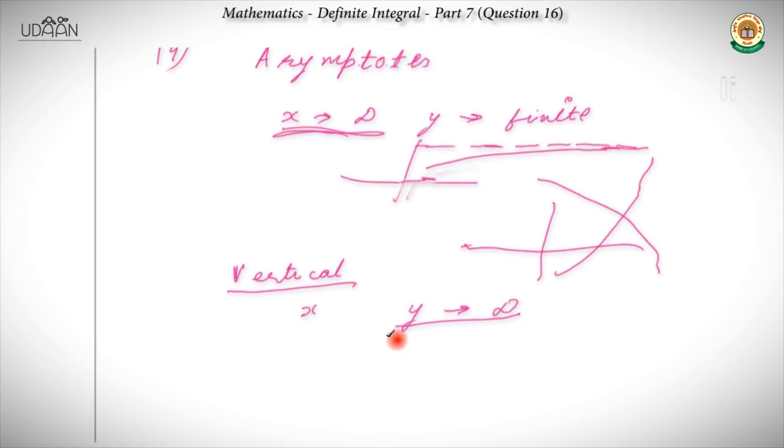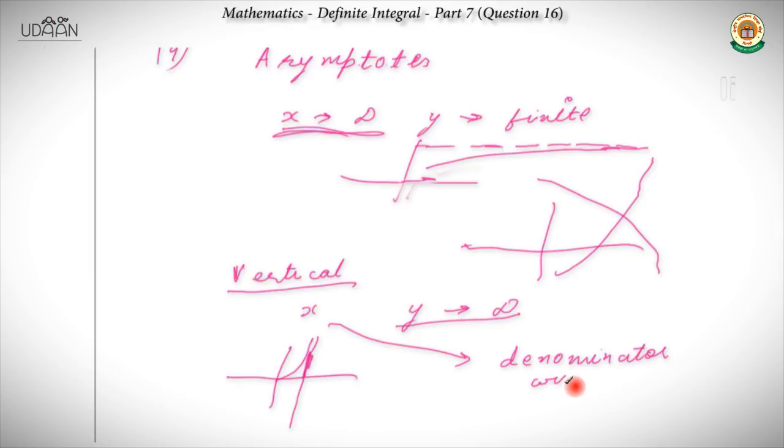There are some functions which have natural vertical asymptotes, for example tan x. Otherwise, it can be found by equating the denominator to 0. If we equate the denominator to 0, there are two cases: either the function naturally has a vertical asymptote, or the denominator tends to 0.